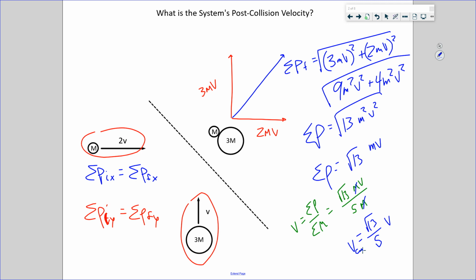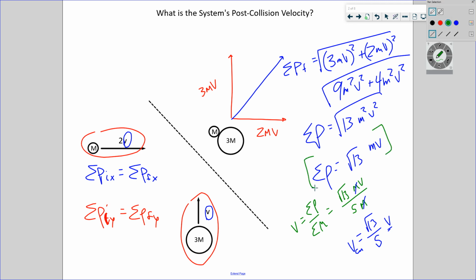This is V_CM, and this v is written in terms of these v's. So what we found when we find this system's post-collision velocity is we've really found the net momentum at any instant, radical 13 mv. That's the system's momentum at any and every instant. This is the system's velocity, which is to say the center of mass velocity at any and every instant.